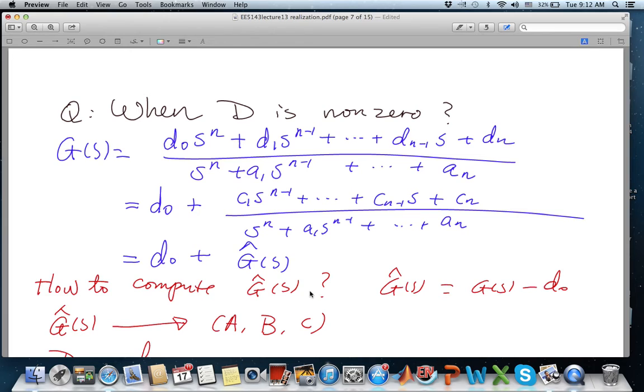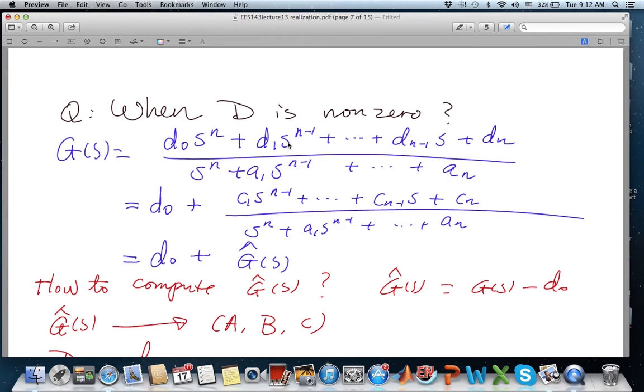So let's see this example. We have G(s), which is (d0 s to the power of n plus d1 s to the power of n minus 1 until dn), and the denominator is s to the power of n plus a1 s to the power of n minus 1 until the term an.